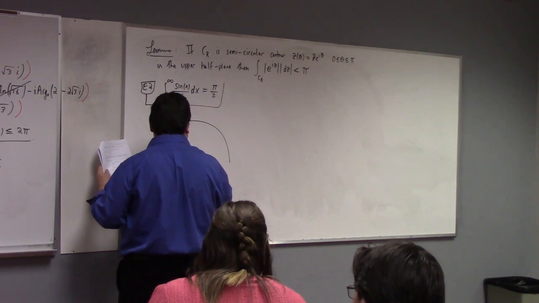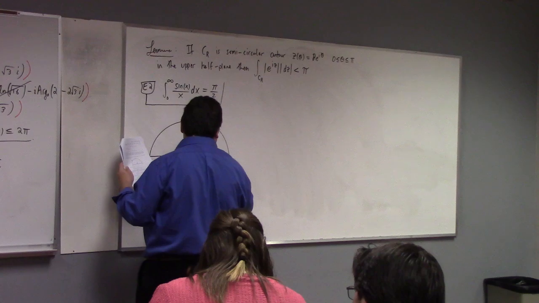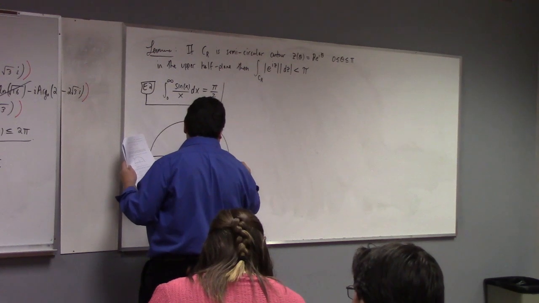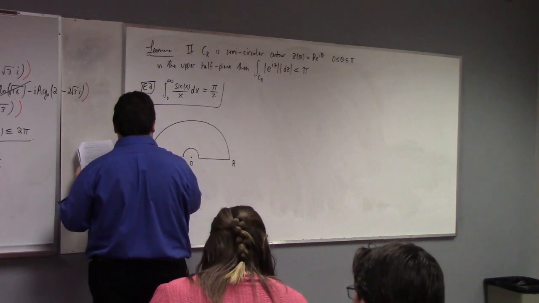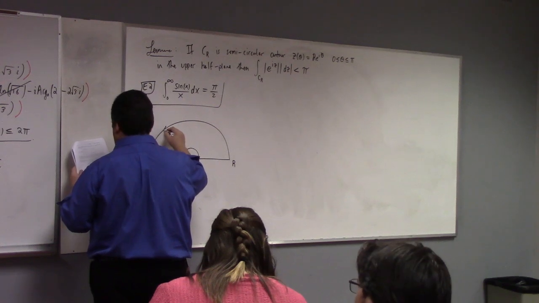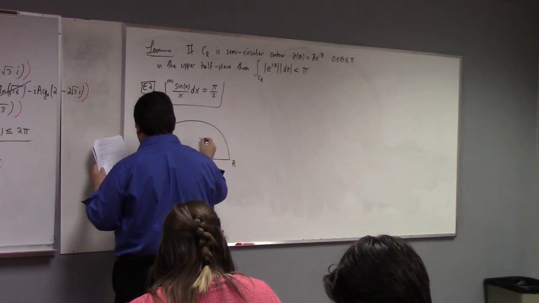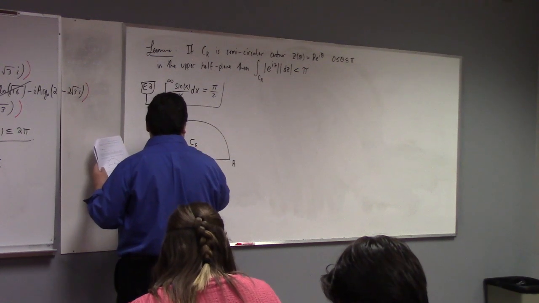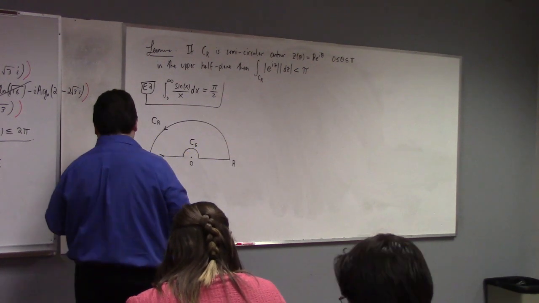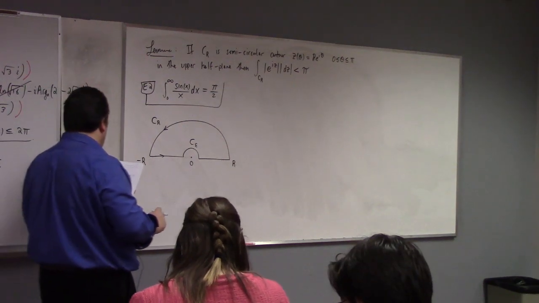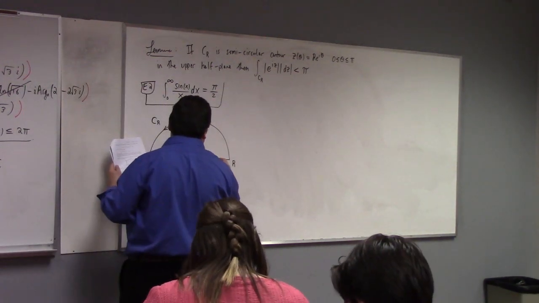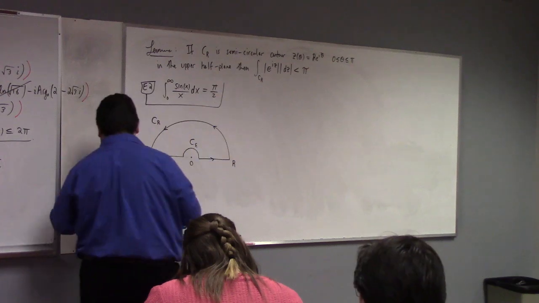We do a little one of these C epsilon deals, and r is over here. So it goes like this, goes like that. I'll call CR the upper half circle, just like in Jordan's lemma there. C epsilon, right? So hopefully we all can understand the contour we're interested in here.